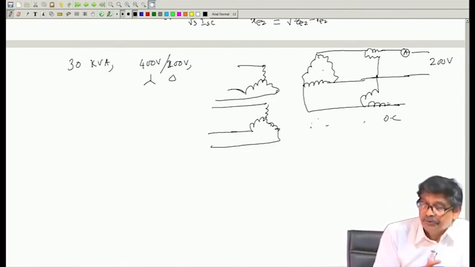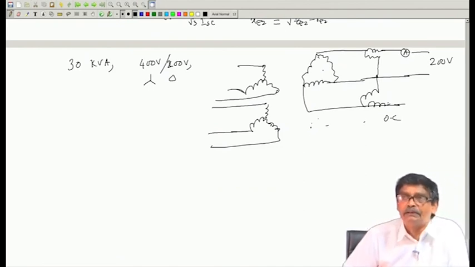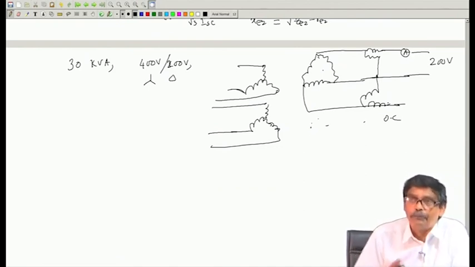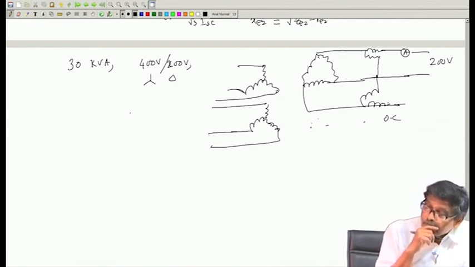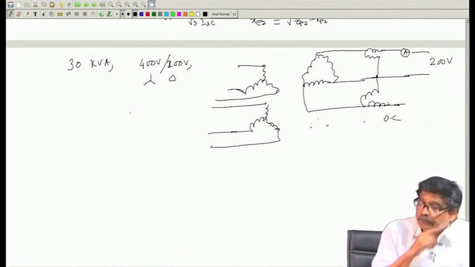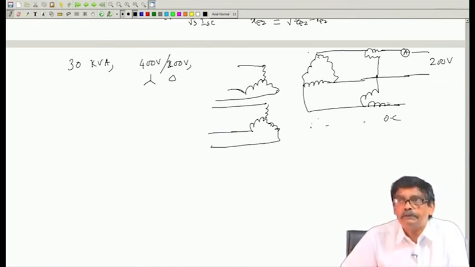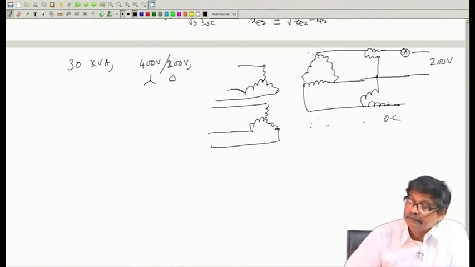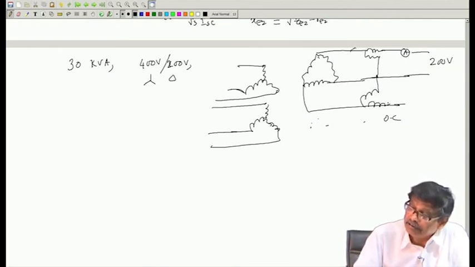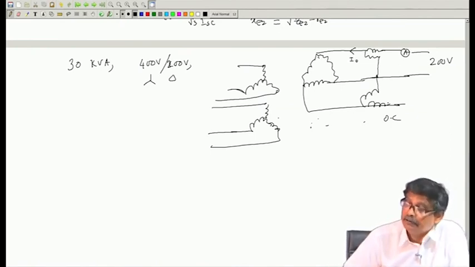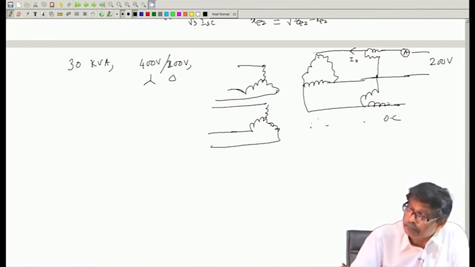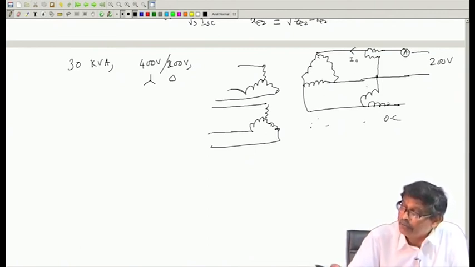Another way of doing it that looks more appropriate is like this. I will carry out the test, no doubt. I will say that look, this is the no load current you are carrying. I will start calculating per phase. What will I do? The per phase voltage applied to this winding is how much? 200 volt.